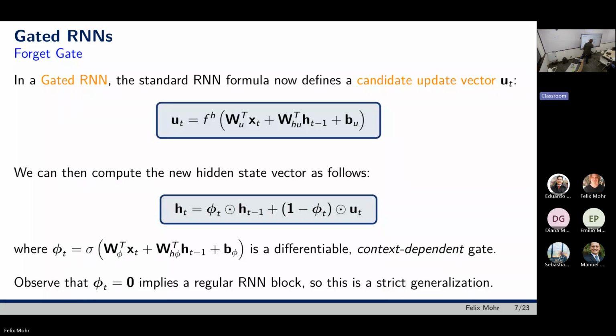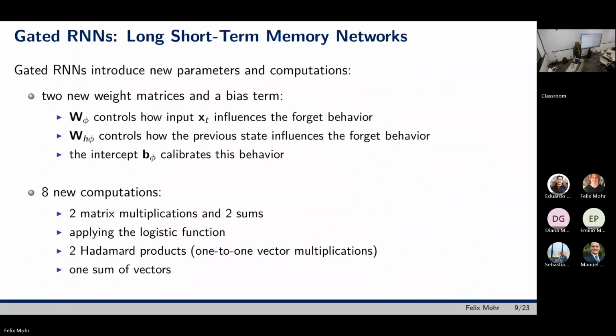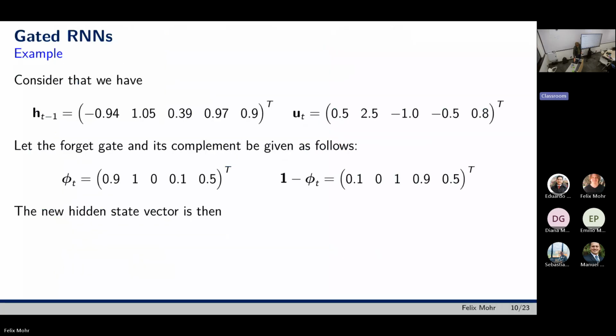Actually, I even forgot to count this here. And after we did these 2, we have to do the sum, and only then we have the new H. So it's 8 new operations, so much more costly than a standard recurrent cell. More than twice as costly to compute than a standard recurrent cell.